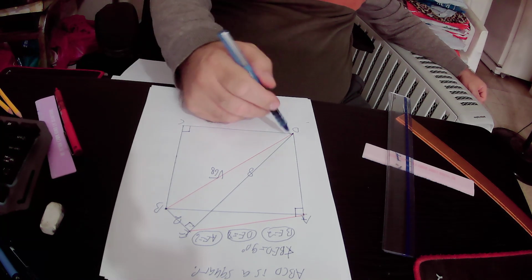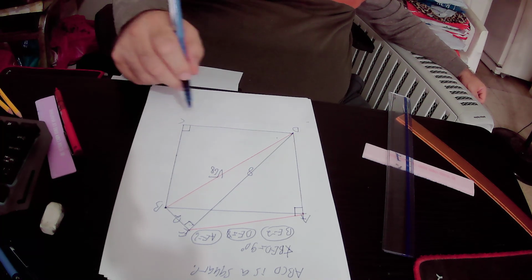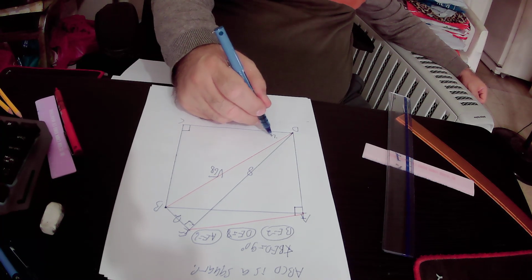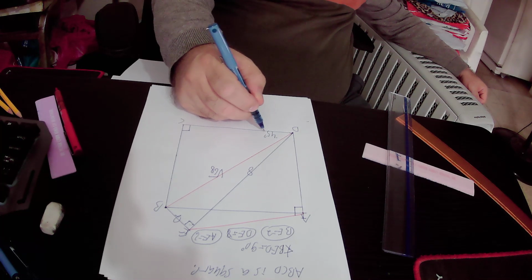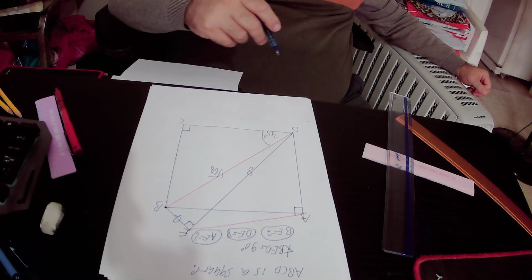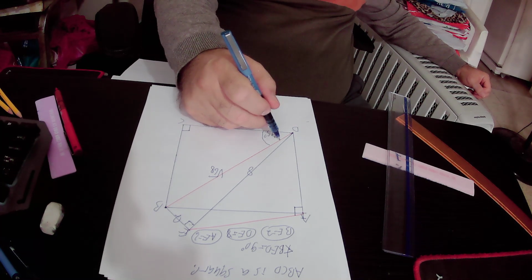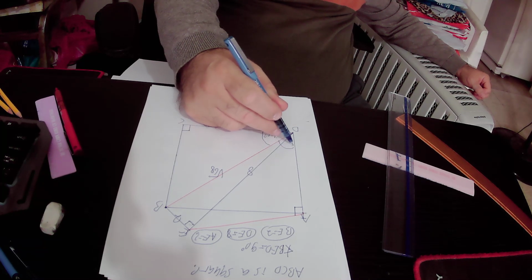That is to say, angle CDB will be equal to 45 degrees, and also angle ADB will be also equal to 45 degrees.